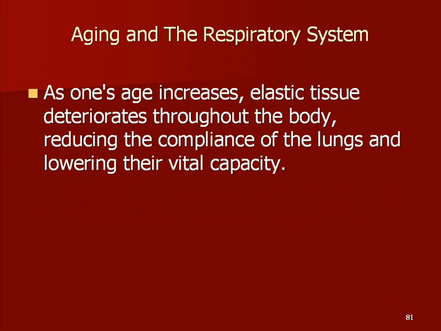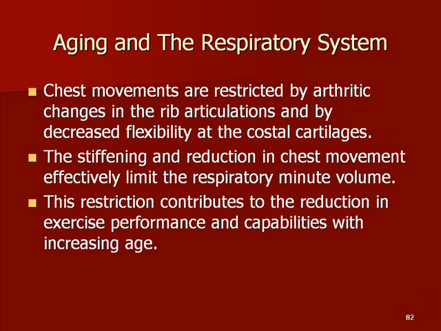As one's age increases, elastic tissue deteriorates throughout the body, reducing the compliance of the lungs and lowering their vital capacity. Chest movements are restricted by arthritic changes, rheumatoid arthritis or osteoarthritis, changes in the ribs' articulation processes, and decreased flexibility at the costal cartilages.